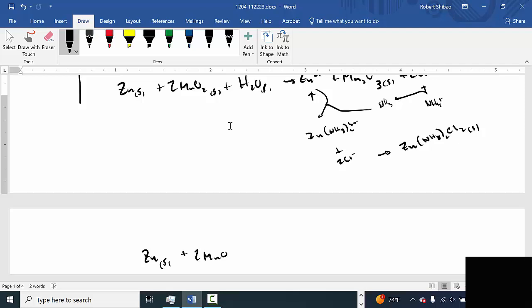It's going to be zinc plus MnO2, there's H2O liquid, plus the ammonium chloride is going to yield, I guess we're going to need two of these, plus Mn2O3.